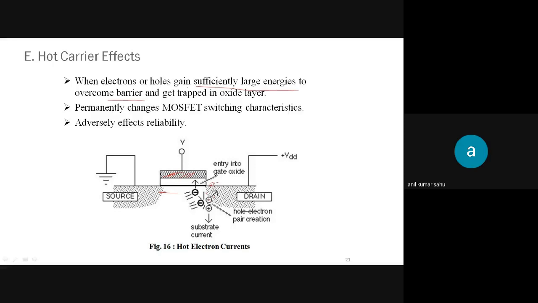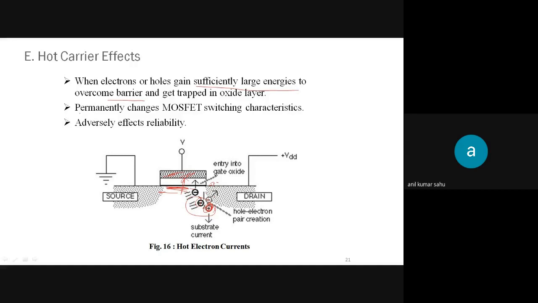When an electron or hole gets sufficiently large energy, it overcomes the barrier between the substrate and the metal and gets trapped into the oxide layer.